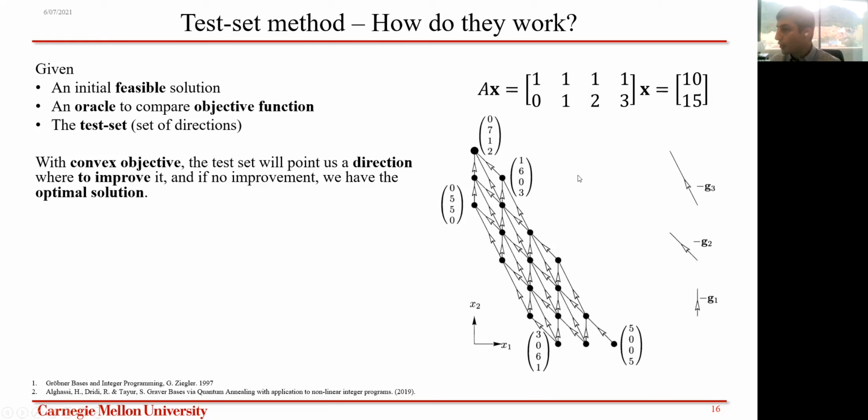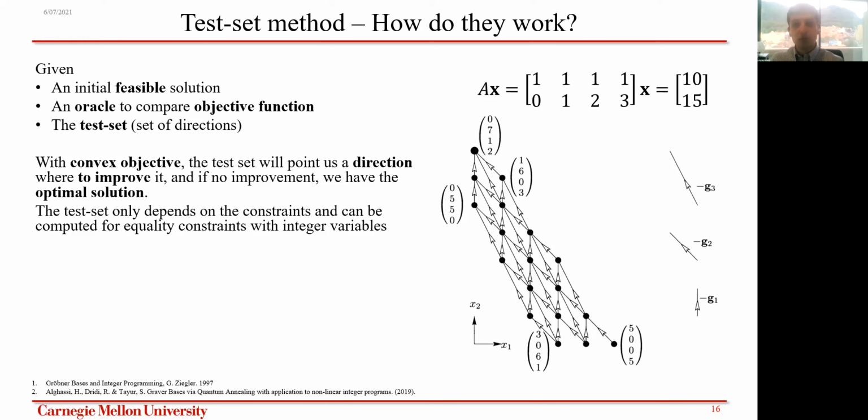In this example over here, we see that we have these three directions for this equality constraint AX equals B. If we project this into the X1, X2 plane, you would see that every single feasible solution is one of these points. Let me show you how we can solve the given problem using this algorithm. Now, the test set only depends on the constraints, and it can be computed for equality constraints with integer variables.